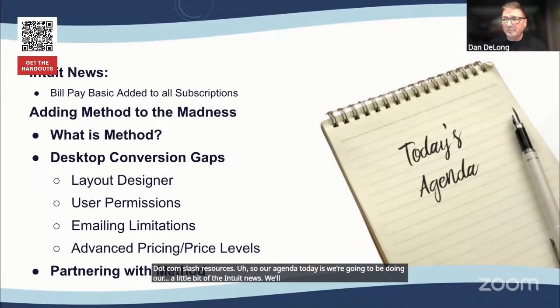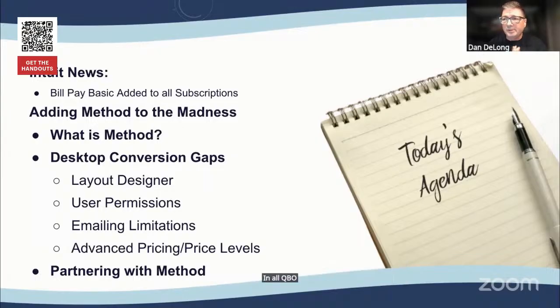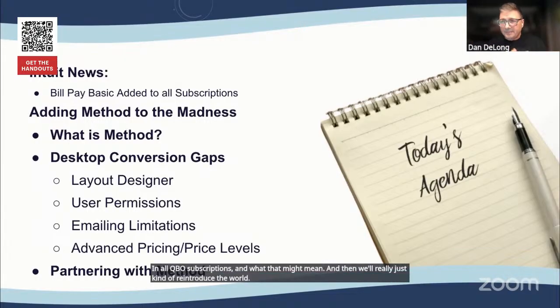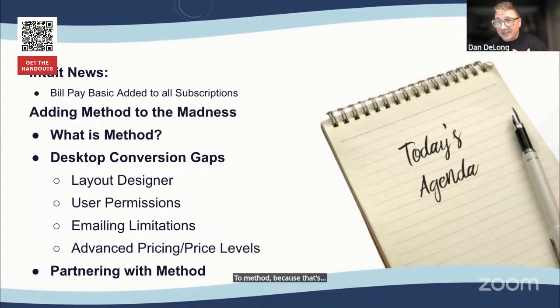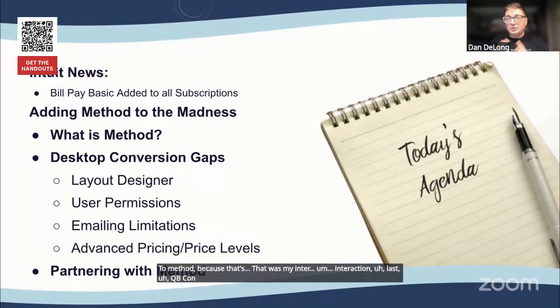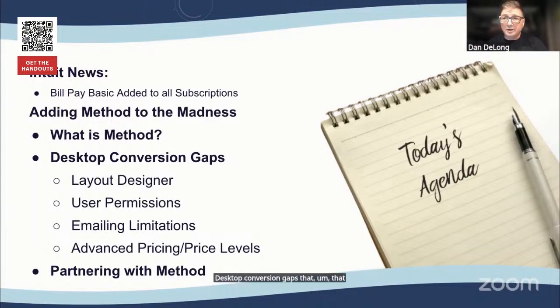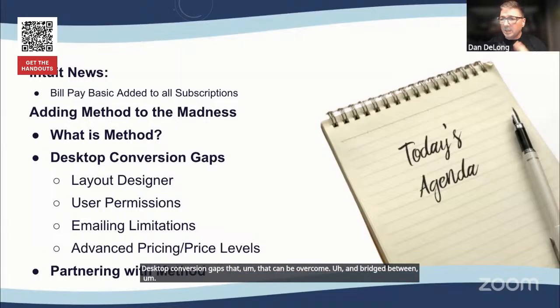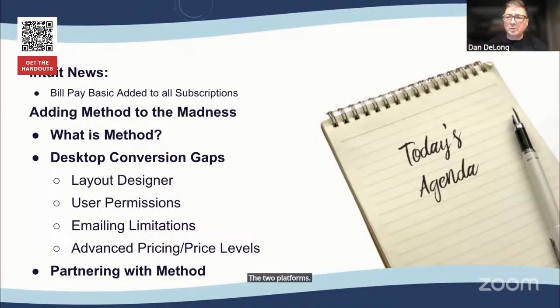So our agenda today is we're going to be doing a little bit of the Intuit news. We'll talk a little bit about Bill Pay Basic in all QBO subscriptions and what that might mean. And then we'll really just reintroduce the world to Method, because that was my interaction last QB Connect. We'll talk about what is Method. We'll highlight some desktop conversion gaps that can be overcome and bridged between the two platforms, QuickBooks Desktop and online, by using Method.